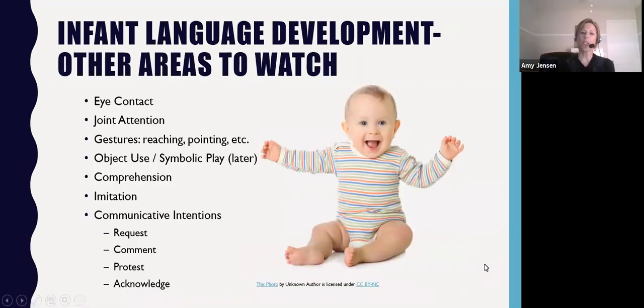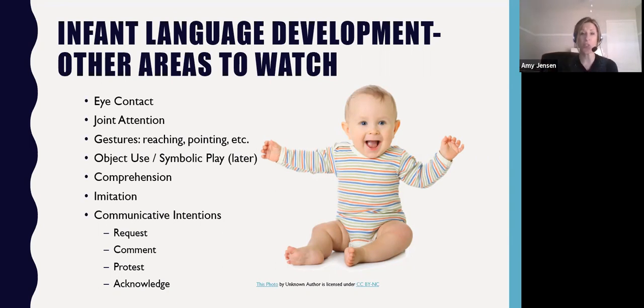Okay, so other things that we watch in infants, we look for eye contact because that's an important part of communication and learning language as well. We look at their ability to establish joint attention. That's sharing focus on an object with a caregiver or partner. That's reading a book together, playing with it, looking and playing with a toy together. And we look at their gestures.